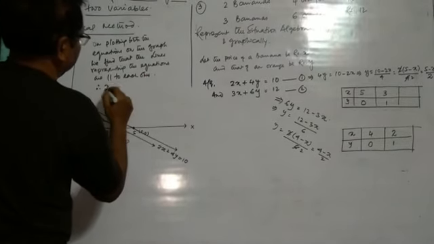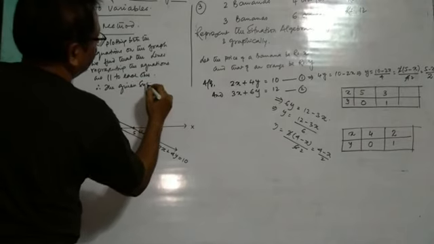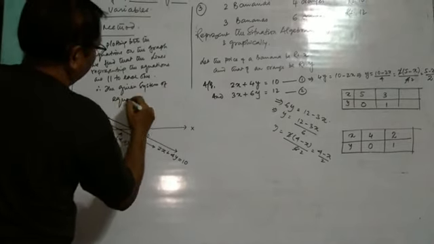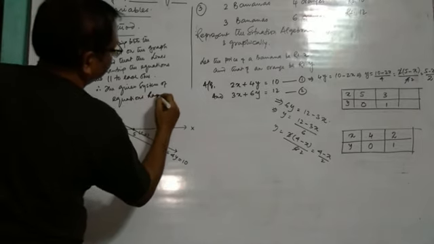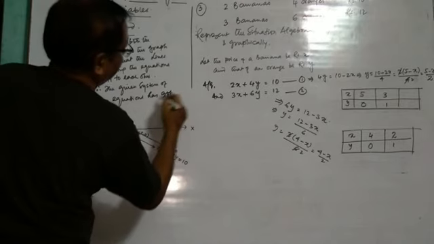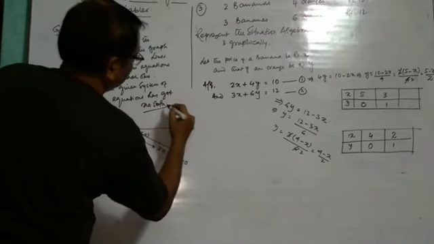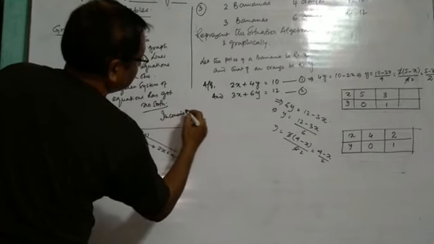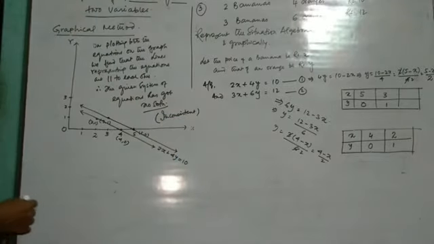Therefore, the given system of equations has got no solution, or what they are? Inconsistent. That means they are having no solution.